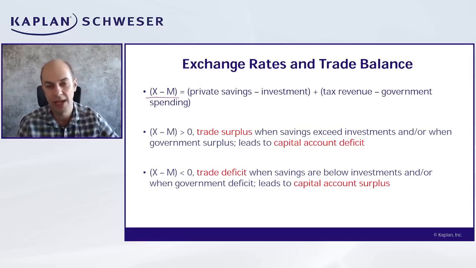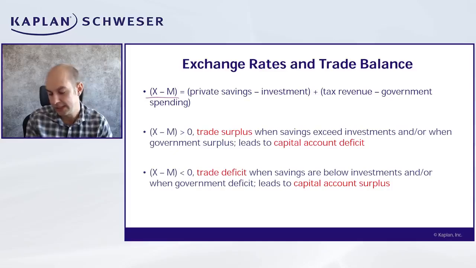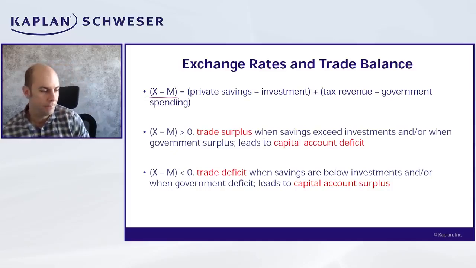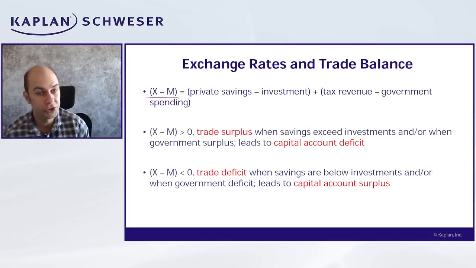It means that you're exporting more than you are importing. So you're selling goods and services to the foreigner, but the foreigner is not buying as many goods and services from you. So essentially, you are earning more money than what you're spending, right?